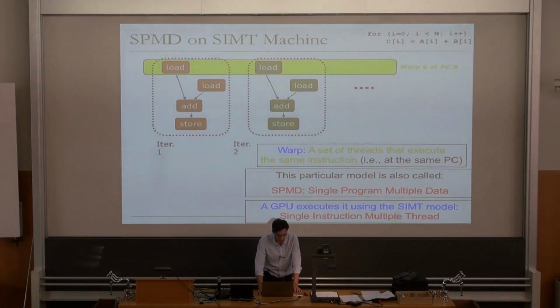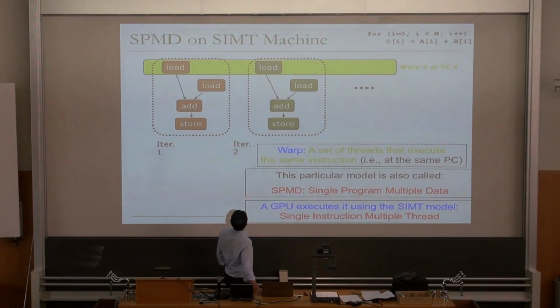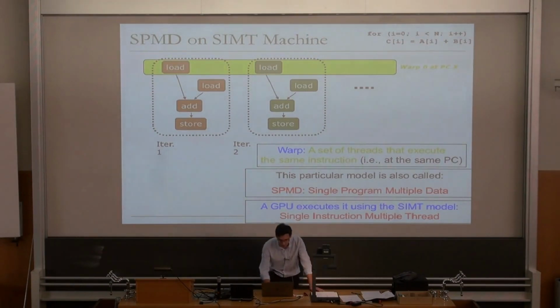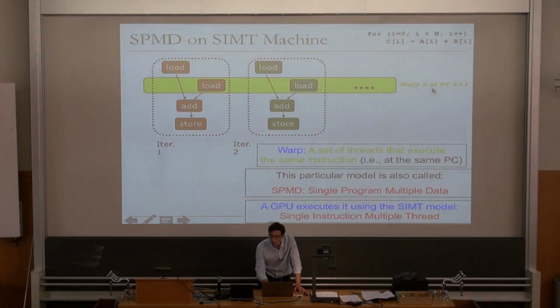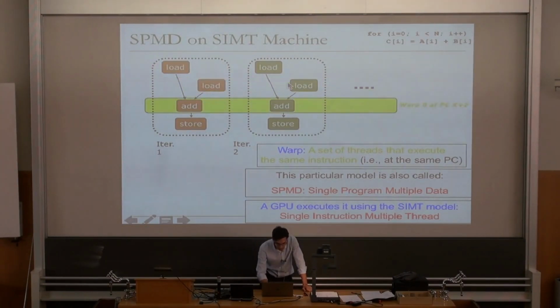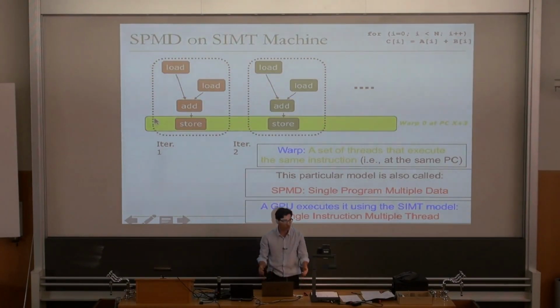Now, here, what in our SIMD processor was a vector instruction, now it's going to be the set of load operations that are going to be executed by the threads which belong to the same warp. In this case, you have warp 0, and then for warp 0, we will be creating the instruction for the next load, and then the addition for this warp 0, and then the store for this warp 0.